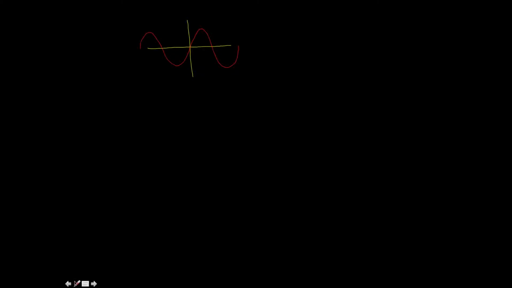Now, is this one-to-one? Well, all you've got to do is lay your horizontal line across this, and you figure out real quickly, no, it's not one-to-one. Look how many times it crosses. And it continues to cross infinitely in both directions.